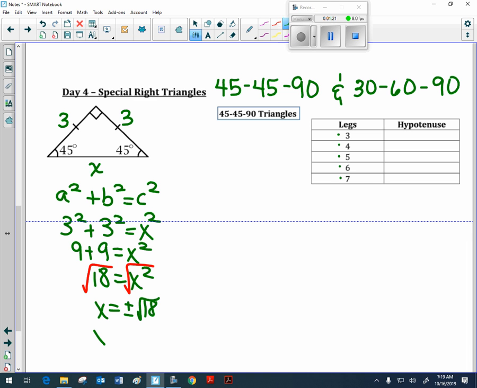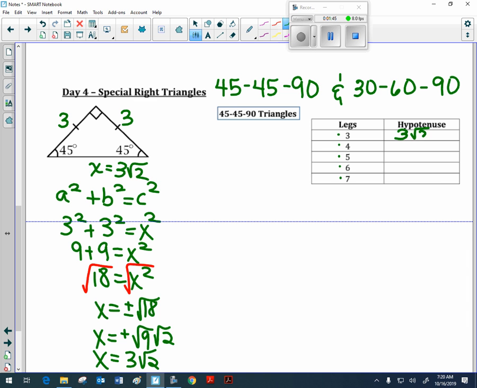And then when I simplify the square root of 18, I'm only going to take the positive answer because you can't have a negative side length, and I'm going to get radical 9, radical 2, which we know then will give us that x is equal to 3 radical 2. So essentially, when the two legs are 3, our hypotenuse will become 3 radical 2.